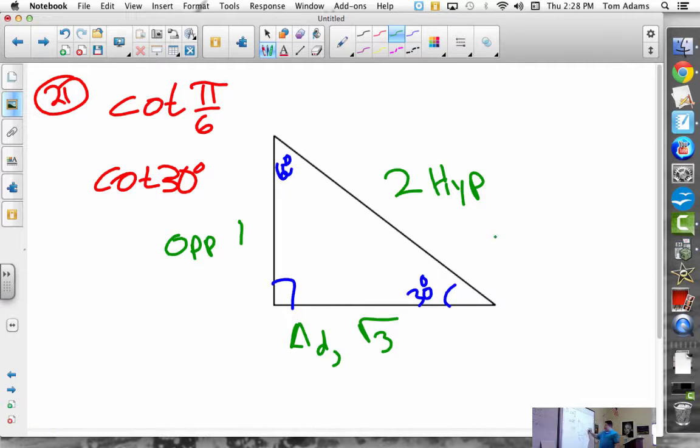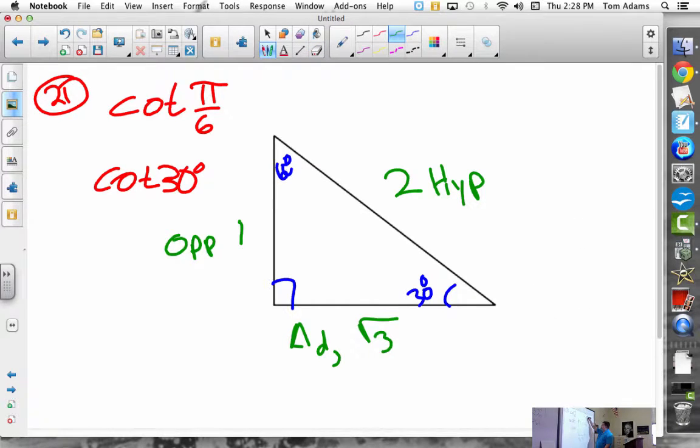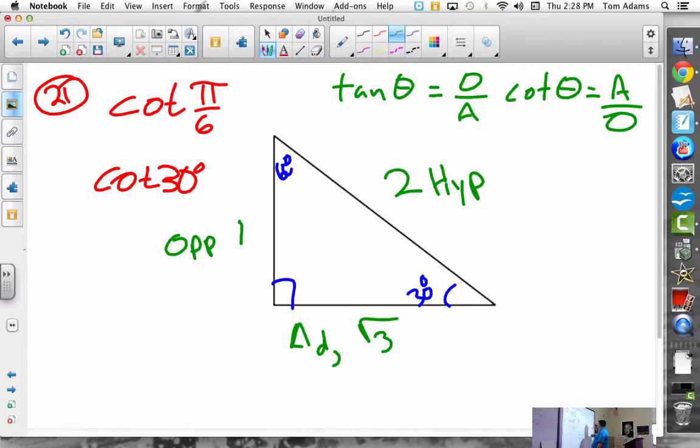So tangent is the opposite over the adjacent, right? I apologize, it's a little goofy here, so I got to write over here somewhere. Remember that tangent of theta is the opposite over the adjacent, and cotangent is the reciprocal of it, right? So that's the adjacent over the opposite.